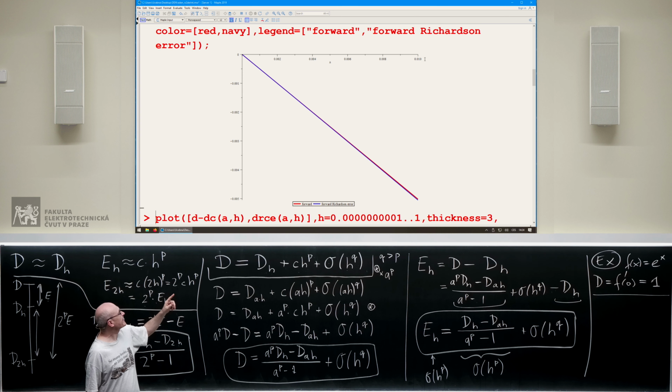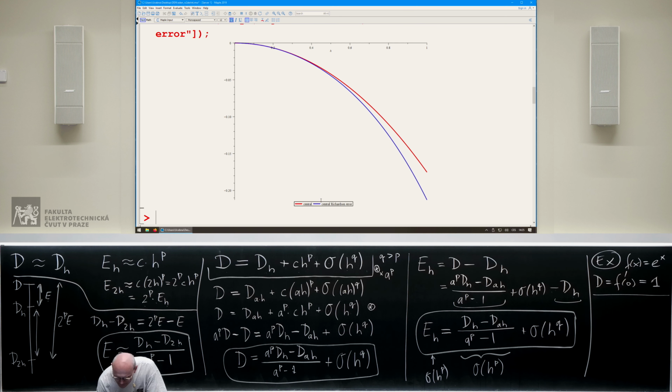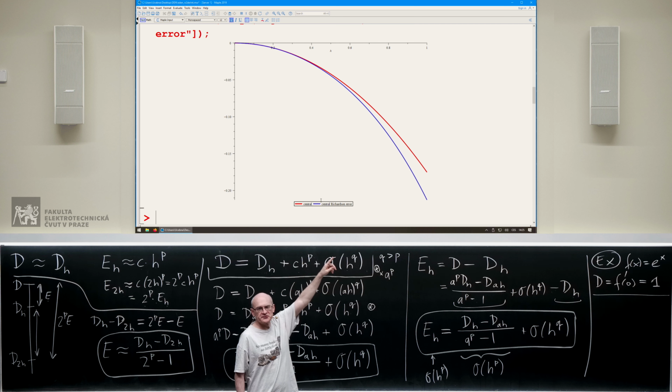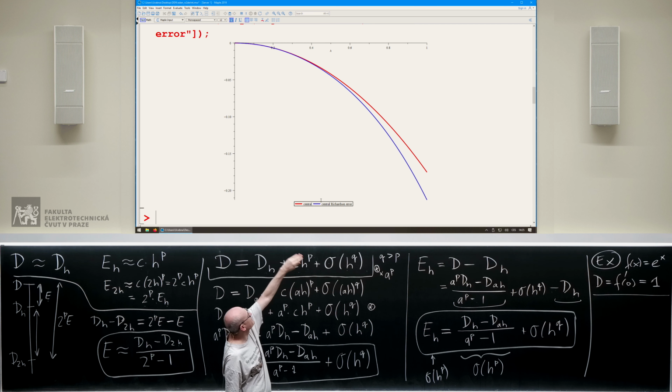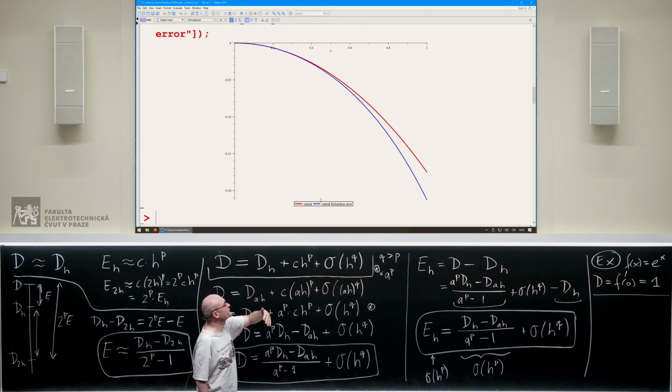Let's have a look at the central difference case. So again, first an overall picture. The red curve is the error for the central difference, and we know that it's a method of order 2, so the error is no longer linear. In the previous picture, it was a straight line because it's a linear order of error.